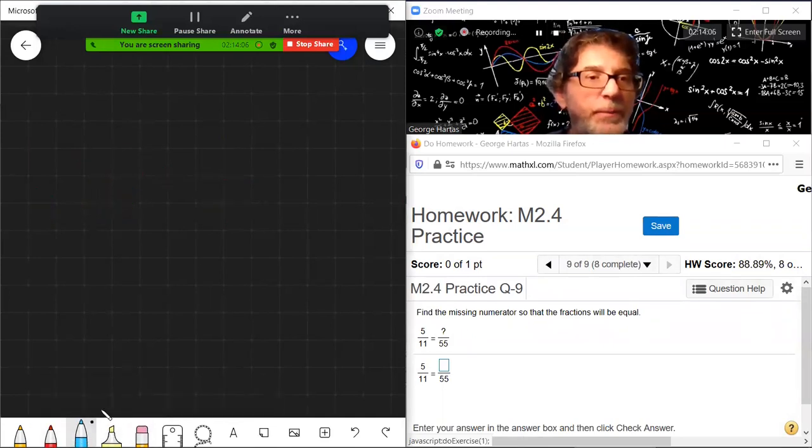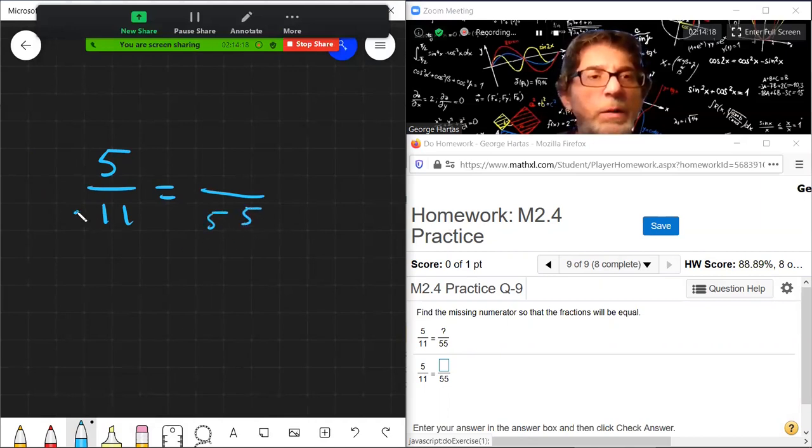All right, last problem here. 5 over 11 is equal to something over 55. What number times 11 is equal to 55? Well, I know it's 5, right? 5 times 11 is equal to 55.